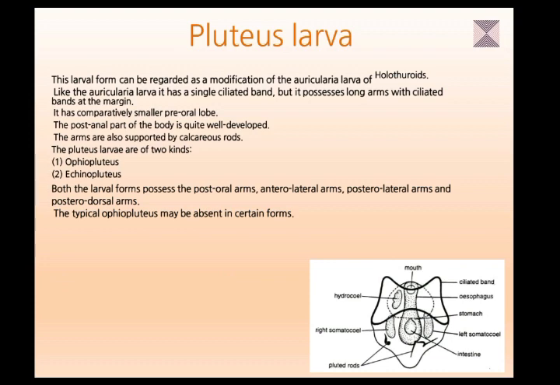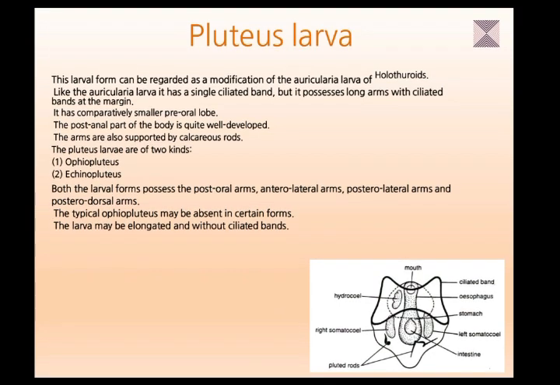That means they can be without the formation of the Echinopluteus stage. So as we have seen, the Pluteus stage is formed from the Auricularia larva. So the Auricularia may give rise to the typical Ophiopluteus larva, but it does not go for Echinopluteus in some cases.